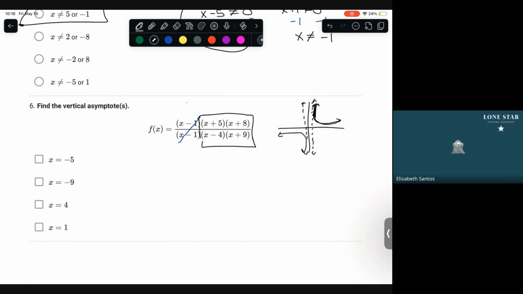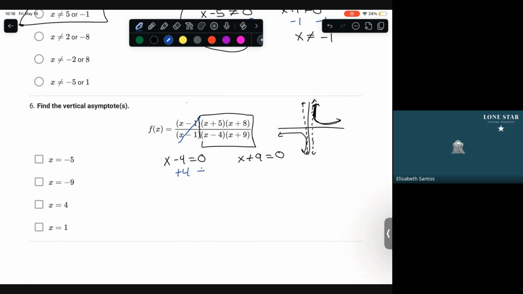So this one also has one. Okay, so how do we find it? We look at the denominator and we set those equal to 0. So we set x minus 4 equal to 0, and we set x plus 9 equal to 0. We solve for x.